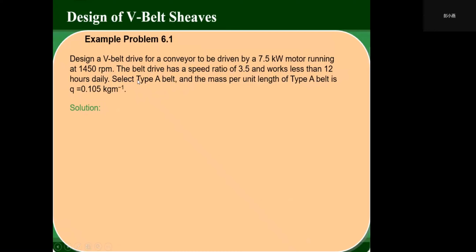And select type A belt, and the mass per unit length of type A belt is q.